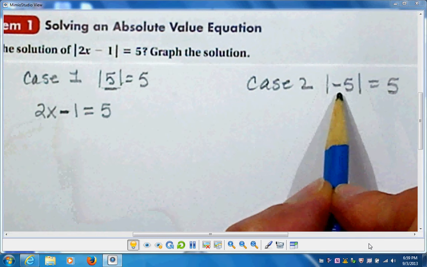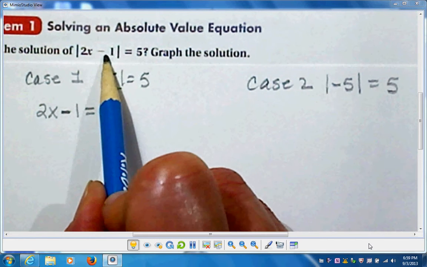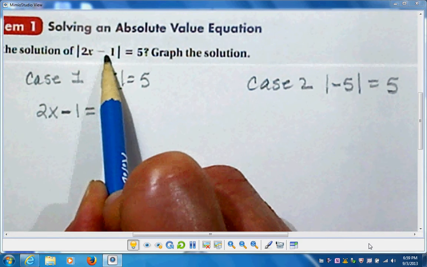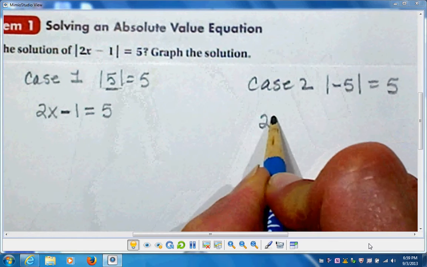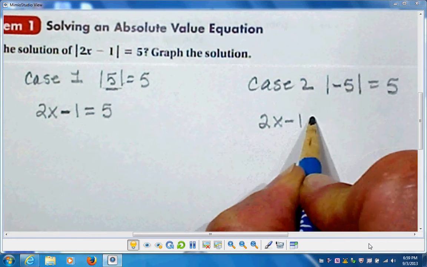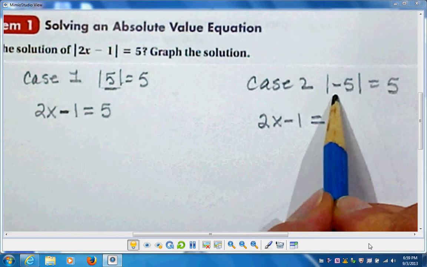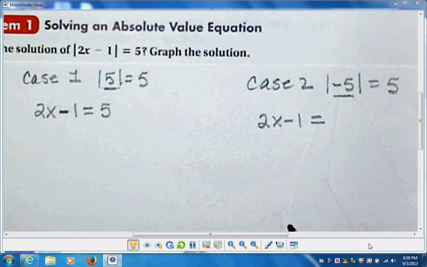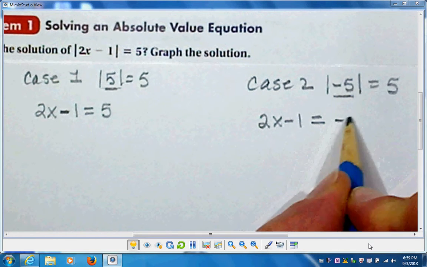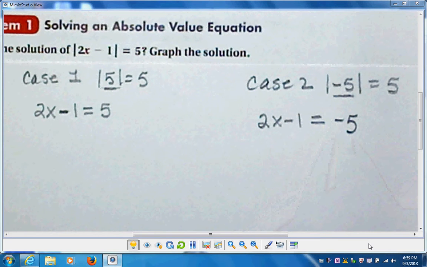In case 2, I'm going to take 2x minus 1 and make that equal to what I have inside the absolute value here, which is negative 5. So those are my two cases. Now I've gotten rid of my absolute value sign, and I can just go ahead and solve for x.